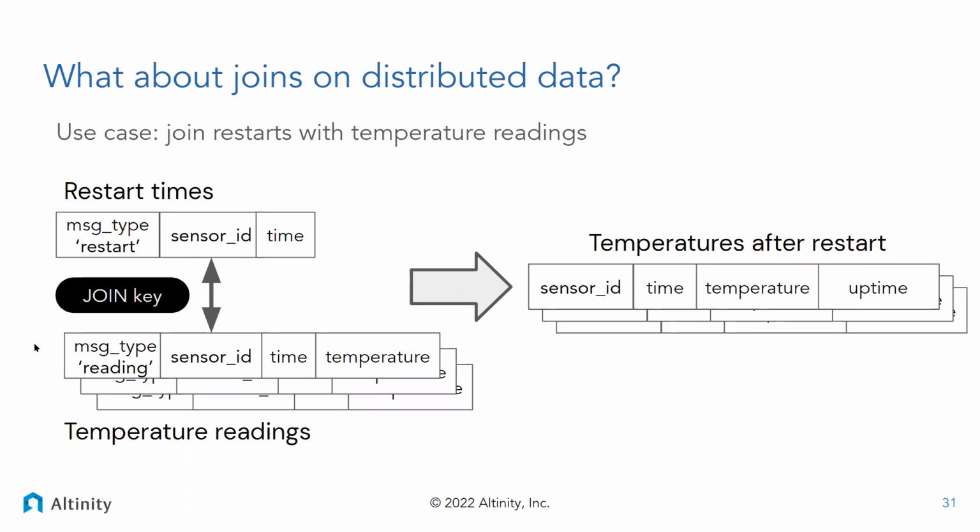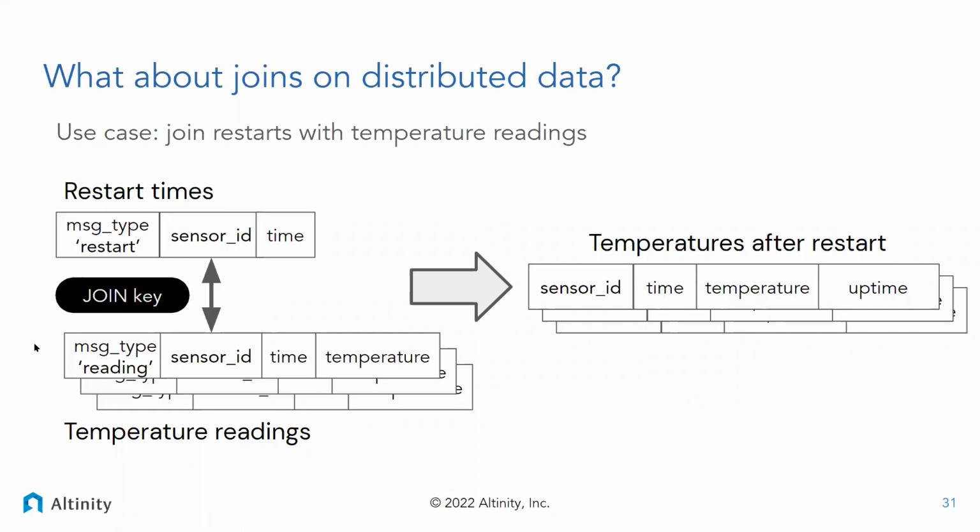What's really interesting is, since we're kind of doing a join, one of the other things you can ask is, can we do this more generally? Can we think about joins, and how would we handle them? Here's an example of a join that you might need to do, which is to join restarts with temperature readings.